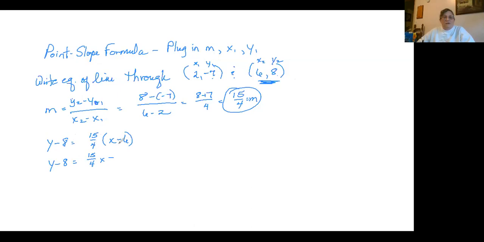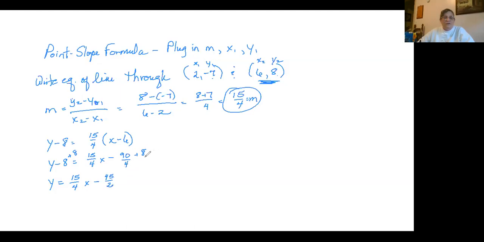minus 90 over 4. So if I'm going to add 8 to both sides, I've got 15 fourths x minus, this will reduce down to 45 over 2.